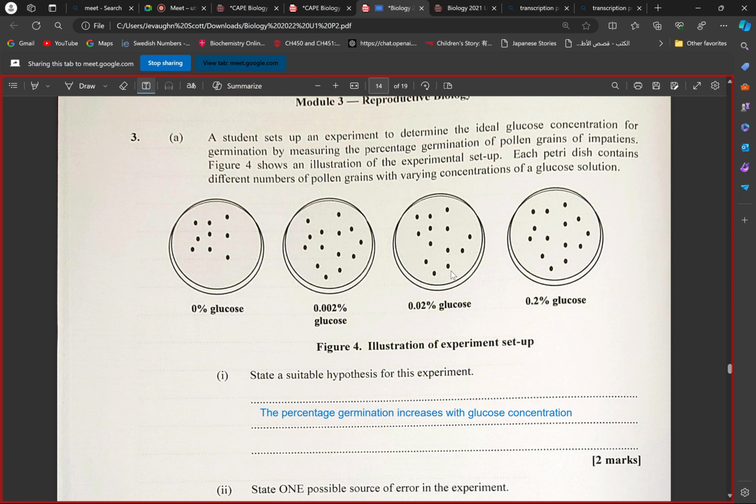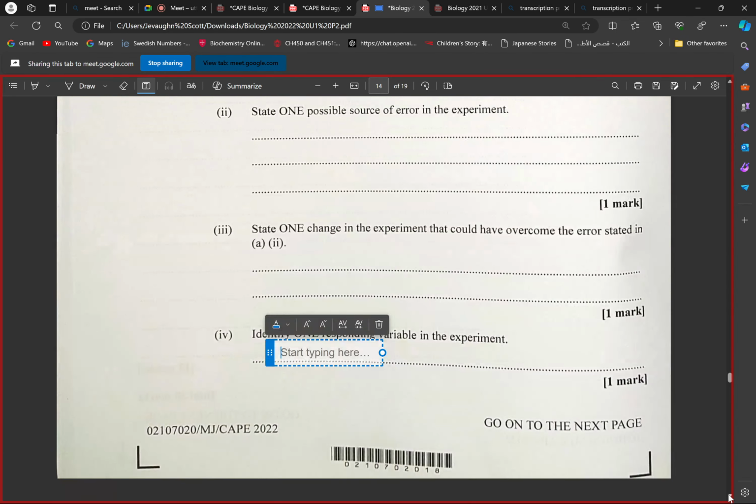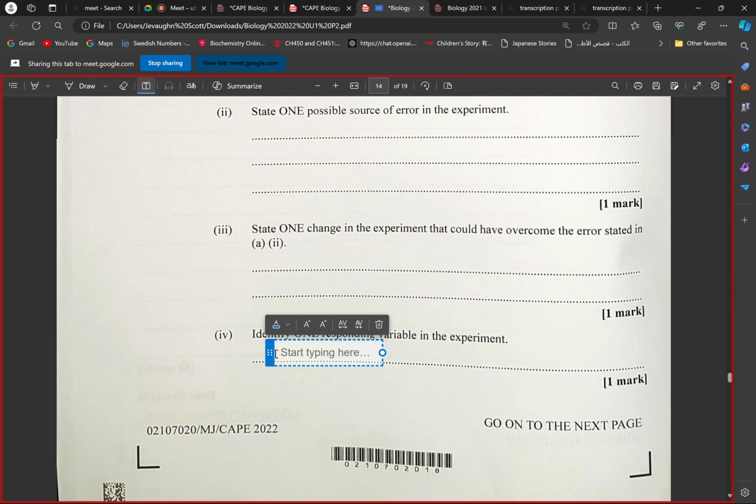So our independent variable would be the percentage glucose, how we put different amounts of glucose in different petri dishes. While the responding variable is the percentage germination that we see responding from the difference in glucose concentration. Hopefully that makes a little more sense.